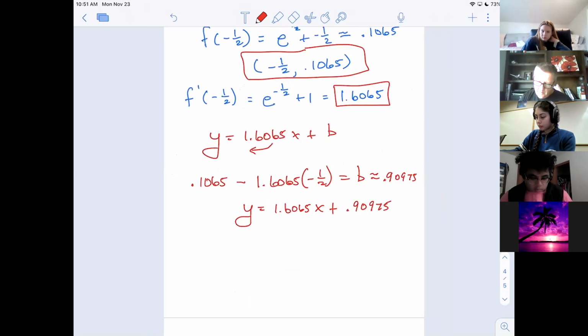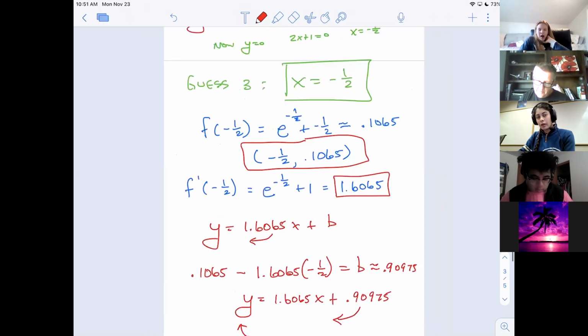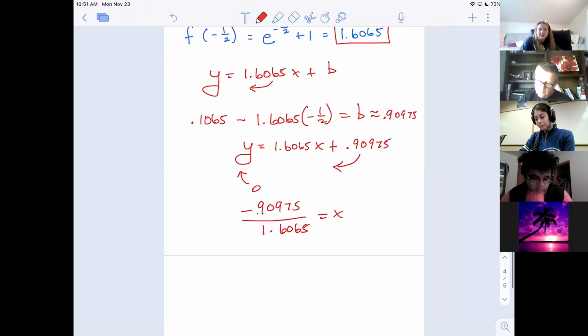And then lastly, I put 0 in for y, so to solve for x would be subtracting this to the other side. And then I would divide both sides by 1.6065, and that'd be my x. That would be guess number 4. Do you agree with that?